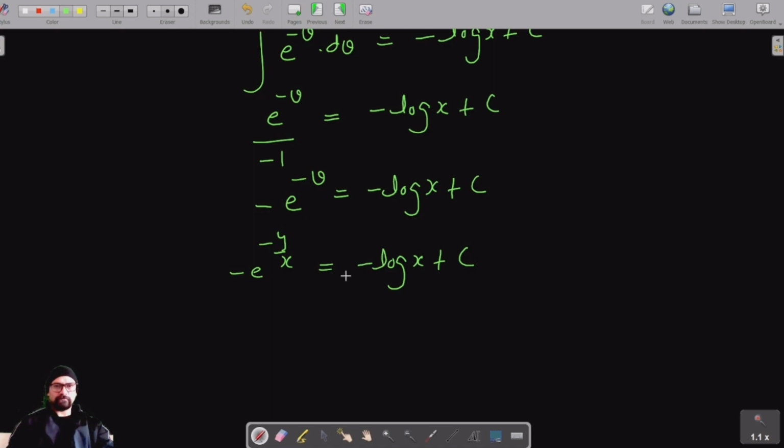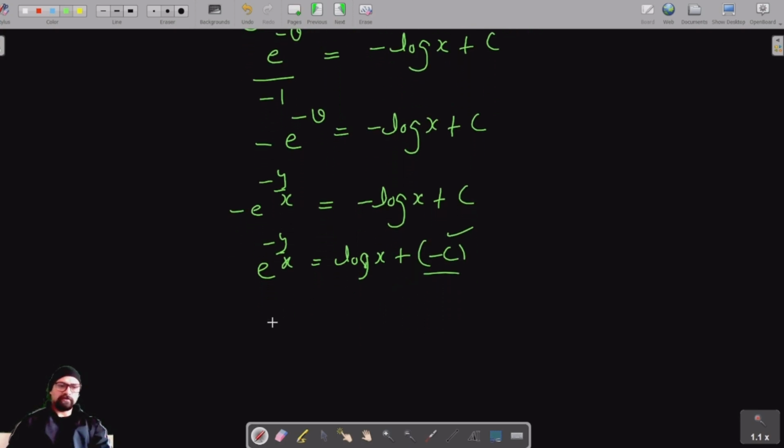Okay, let's remove this negative sign. So this is e raised power, and this is log x plus minus c. So minus c is again a constant. So our solution for this is e raised power minus y by x is equal to log of x.